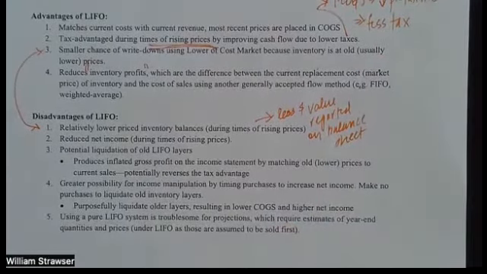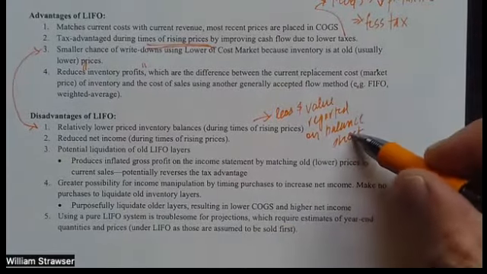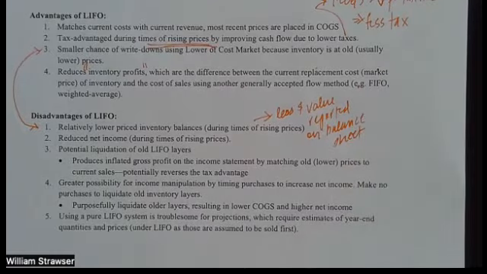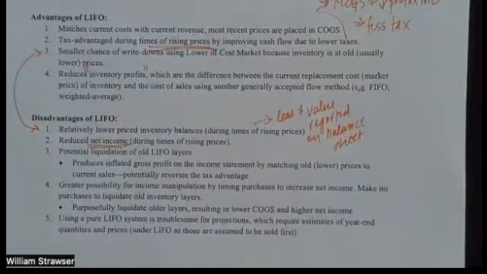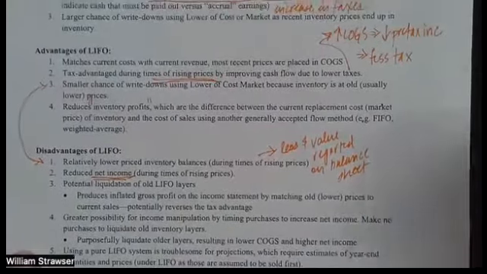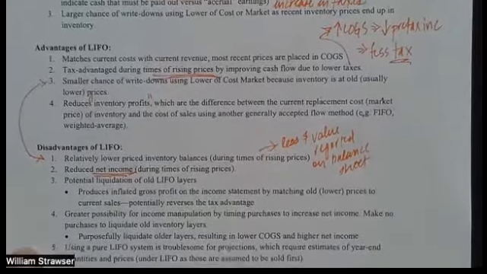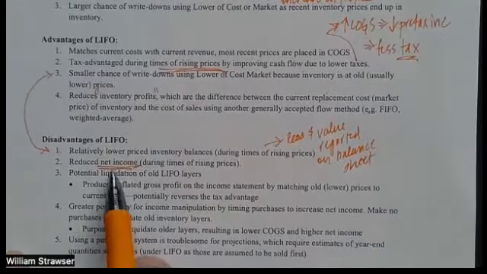It's harder to write down a value that's low than it is a value that's higher. It does reduce net income, and companies are willing because there's less tax, but they will report lower net income.